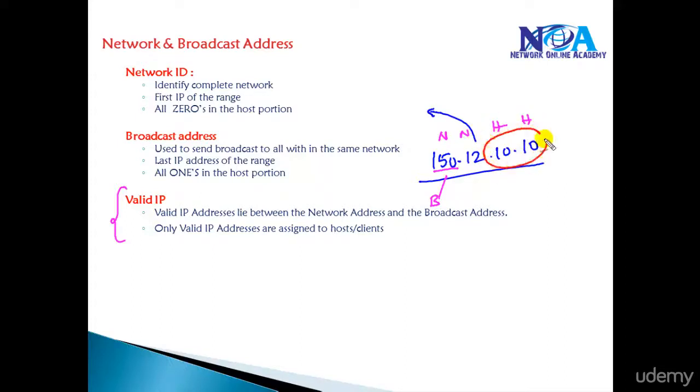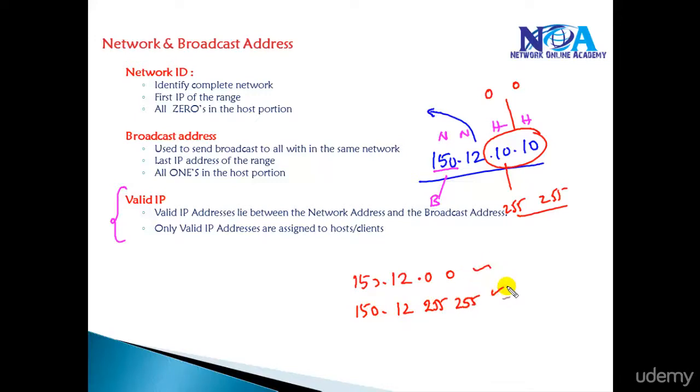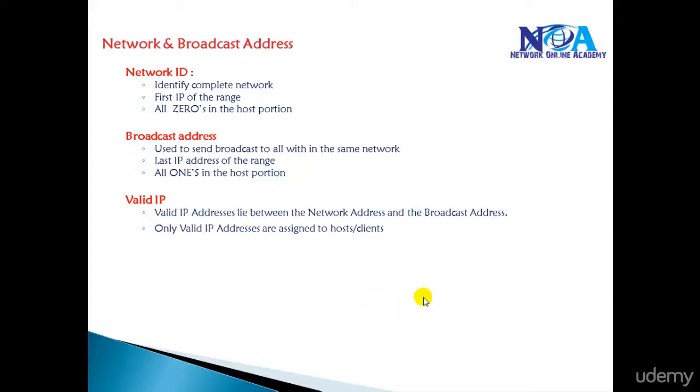To figure out the network ID, we just write 2 zeros in the host portion. If you write 255.255 in the host portion, it will be the broadcast ID. So the network ID will be 150.12.0.0 and the broadcast ID will be 150.12.255.255. These are the 2 addresses which we cannot assign to any device. All the remaining addresses we can assign to any device in the network.